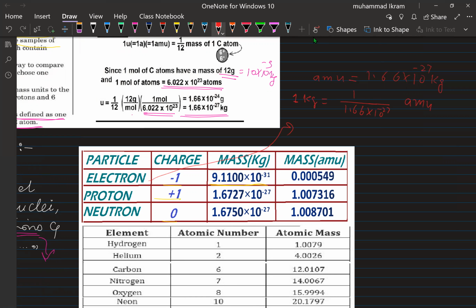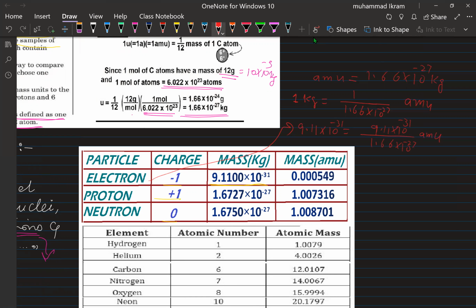So multiplying this number on both sides since it is in kilograms. So what will be the mass in atomic mass unit for an electron? It will be 9.11 into 10 to the power minus 31 divided by 1.66 into 10 to the power minus 27 atomic mass unit.